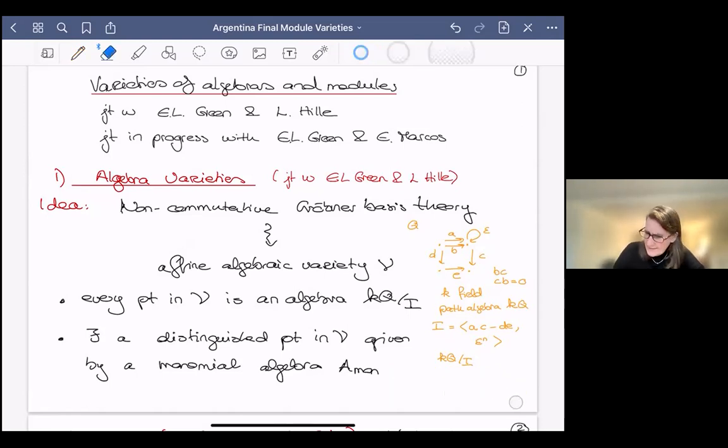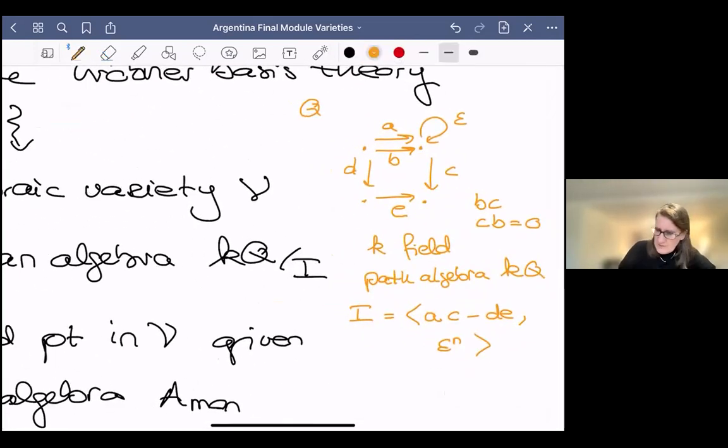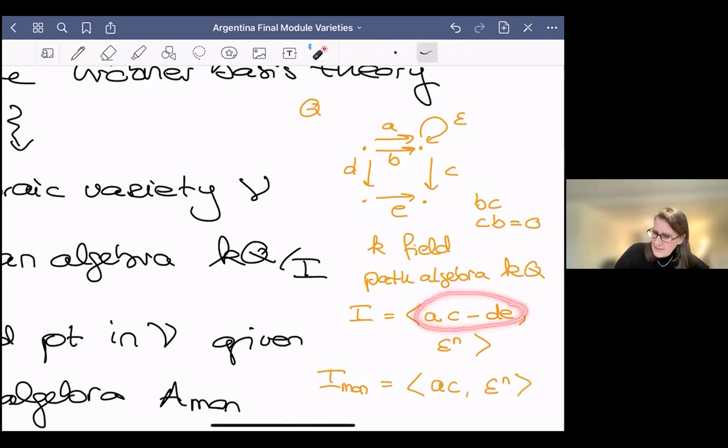And if we have a path algebra given by quiver and relations, then what does it mean to be monomial? So that means our ideal is generated just by paths. So here an example of a monomial ideal would be this. So instead of having a relation like this or a linear combination of paths, the ideal is generated by monomials.